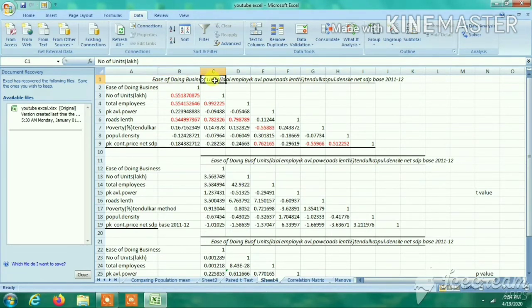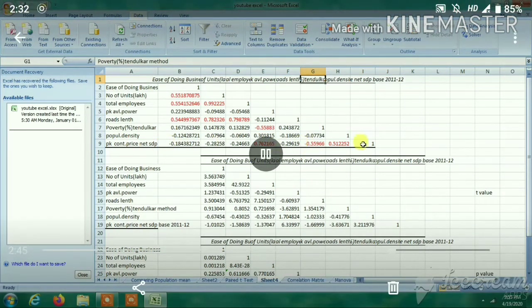Similarly, per capita availability of power and poverty are inversely related, more power less poverty. Similarly, per capita constant prices net SDP and per capita availability of power have a positive association. Poverty and SDP are inversely related, more SDP less poverty.